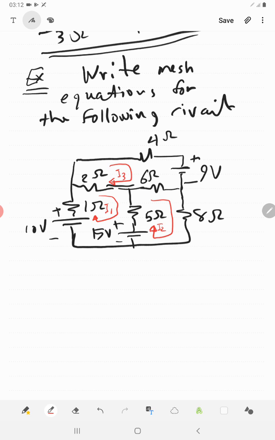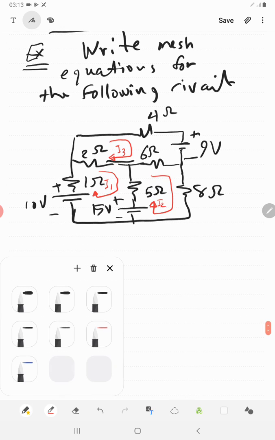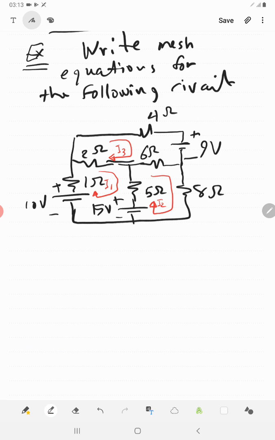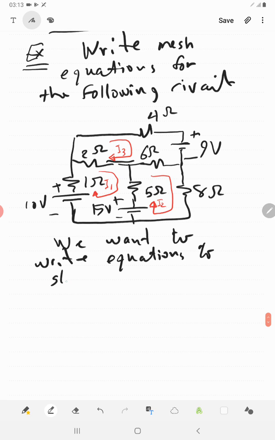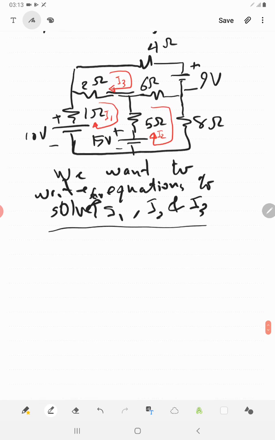Okay, so we have 3 loops, which means that we'll be having 3 equations to solve for I1, I2, and I3. So we need 3 equations.